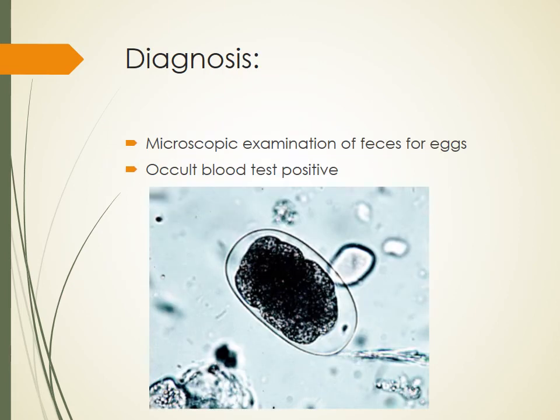Now lab diagnosis, it is very easy. You can see the egg in this stool, which is non-bile stained, having a very thin shell, so very characteristic and easily identifiable. The fecal occult blood test would be positive due to GI bleeding. These are the important things you have to notice.